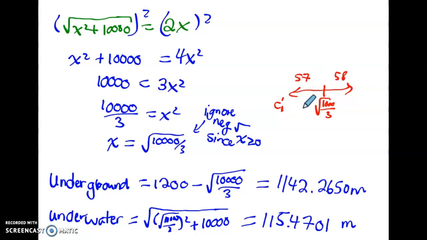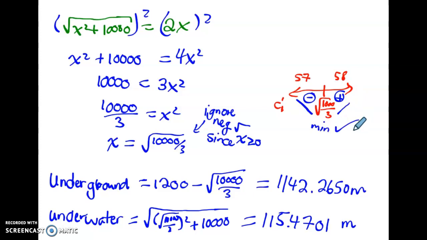So I chose 57 and 58. So if we plug 57 into C prime, we get that it is decreasing. So we had a negative there. And then when you plug a 58 in, you get that it's positive, which would mean that it's increasing. So in fact, it is a minimum, and our check is fine.